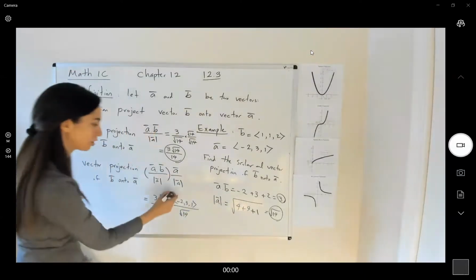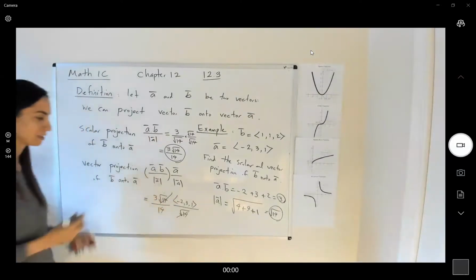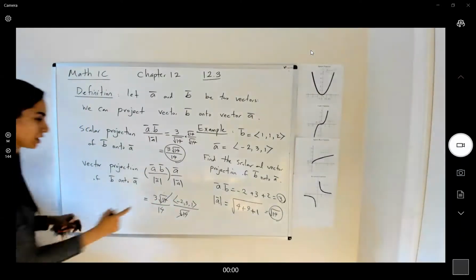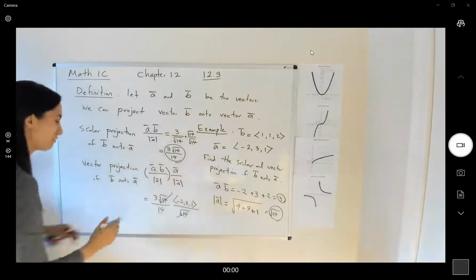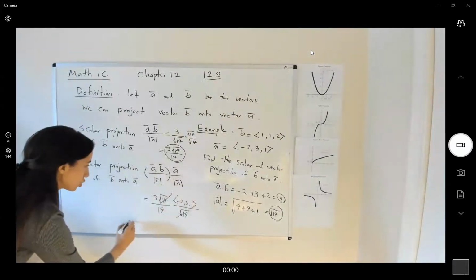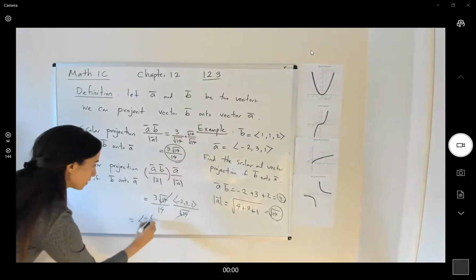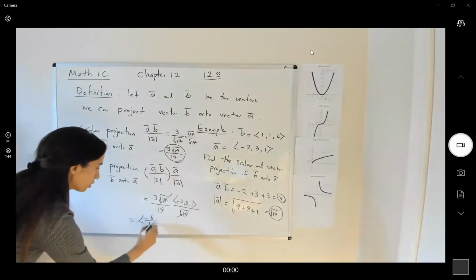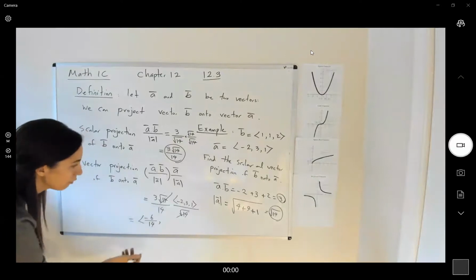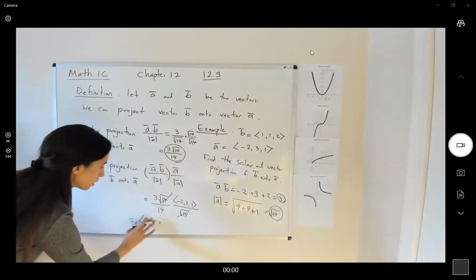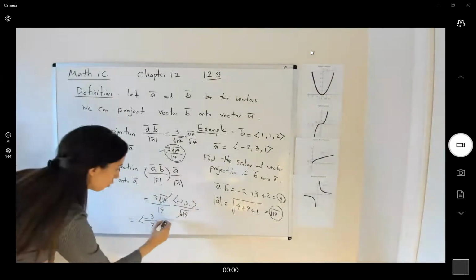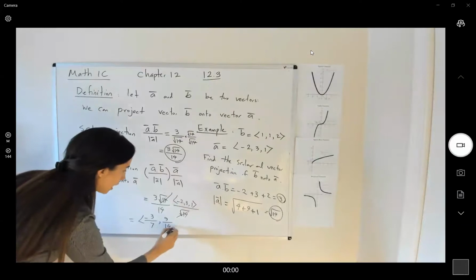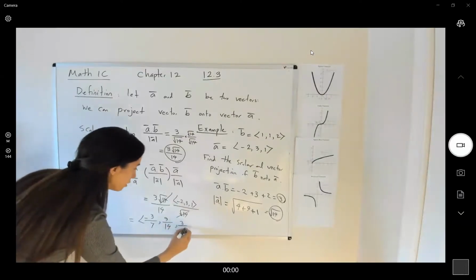So here you can just cancel out these two radicals and start distributing 3 over 14 into the vector components. So here you have -6 divided by 14. We could simplify this, -3 divided by 7, comma. So you have 9 over 14, and finally you have 3 over 14.